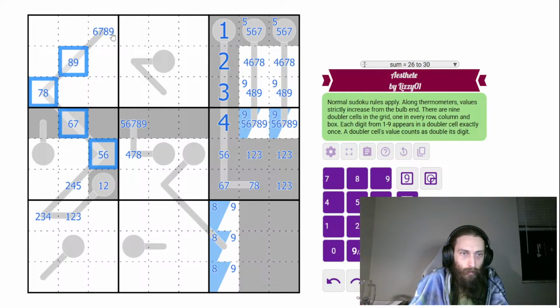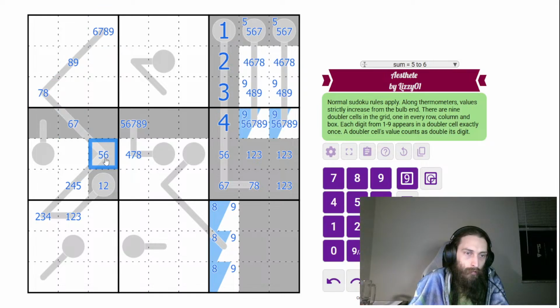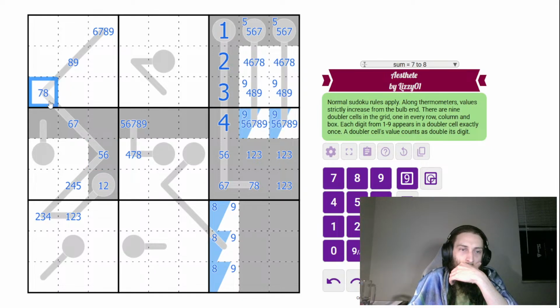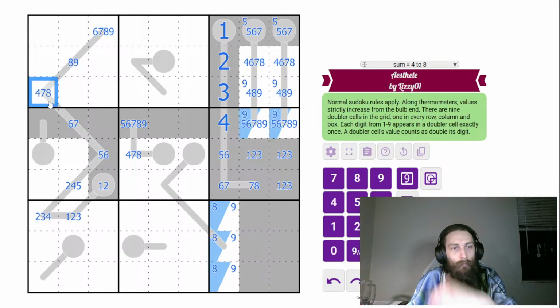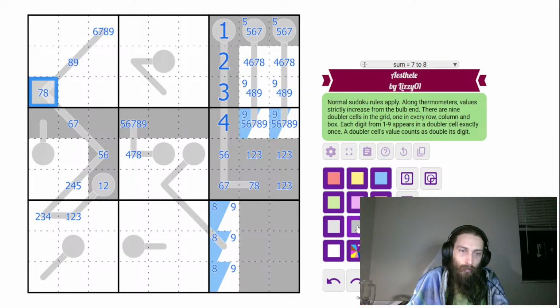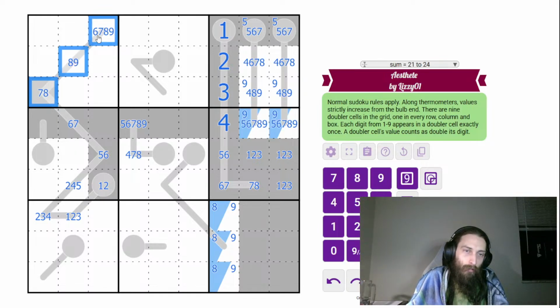Six, 7, 8, 9. Okay. I mean, we can still double something below it. This can't be a double 4, because that would be 8, 9, and 10 or more. And more accurately, 12 or more.